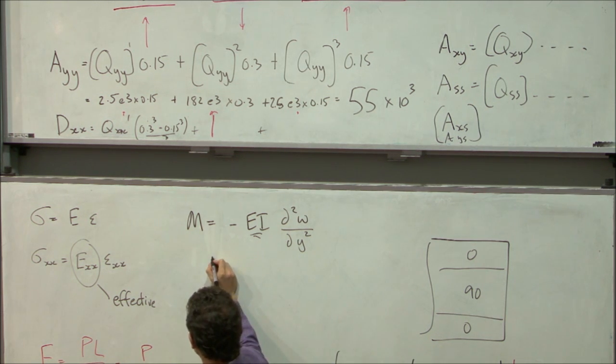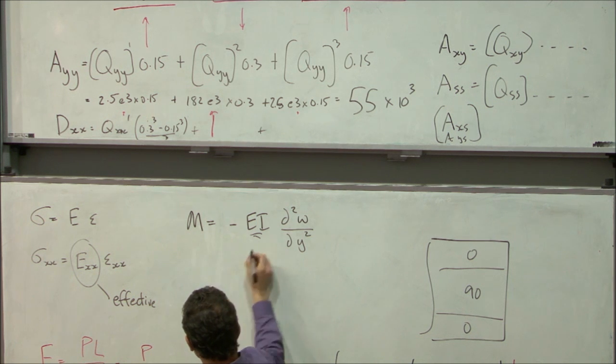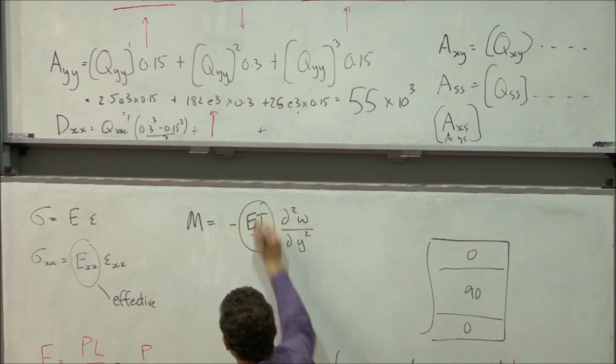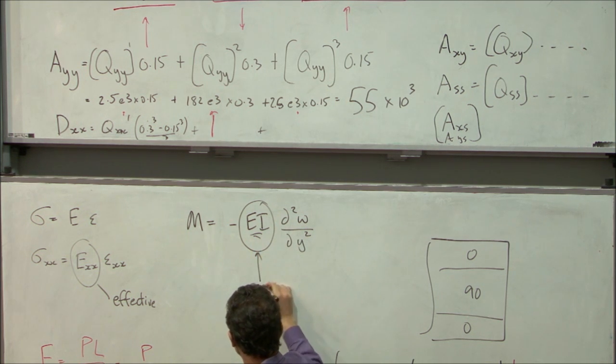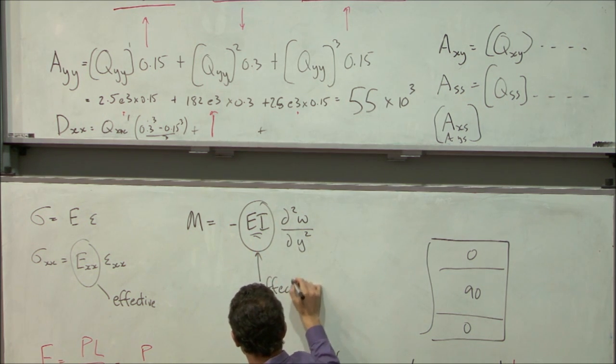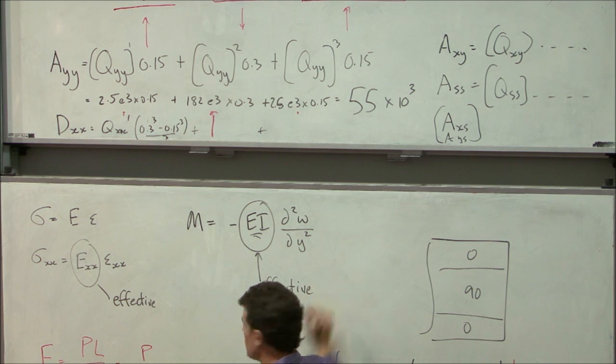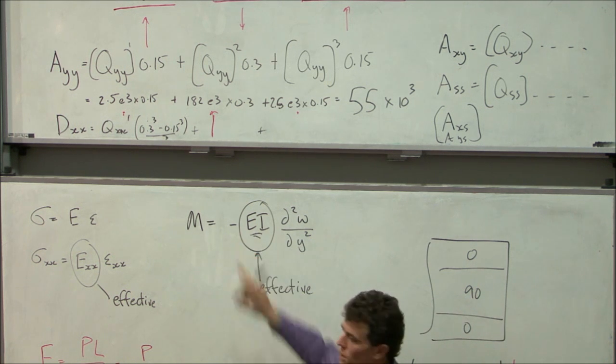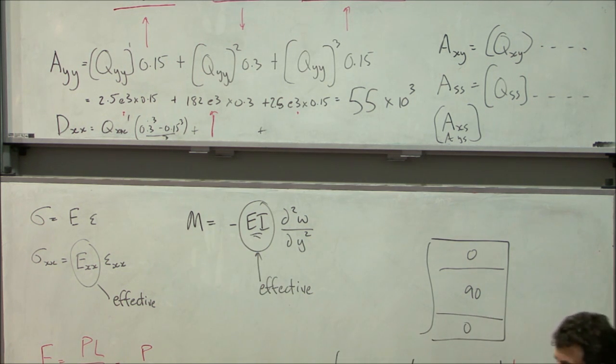So if we're going to do this with composites, we need to have an effective EI as well. Okay, because EI is not defined, we don't know this for our composites in general. We need to work out an effective version.